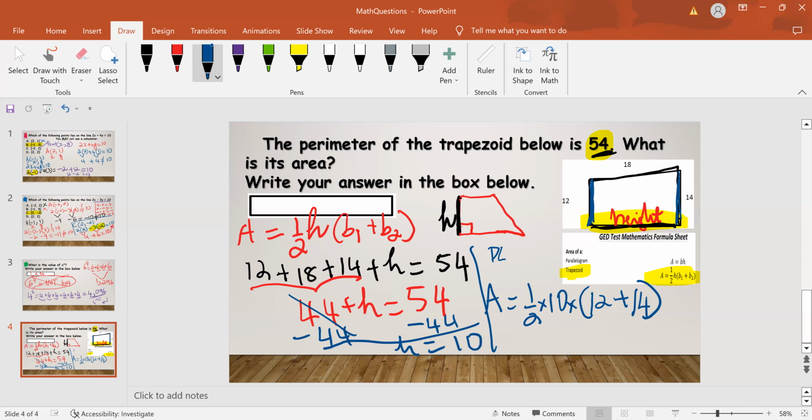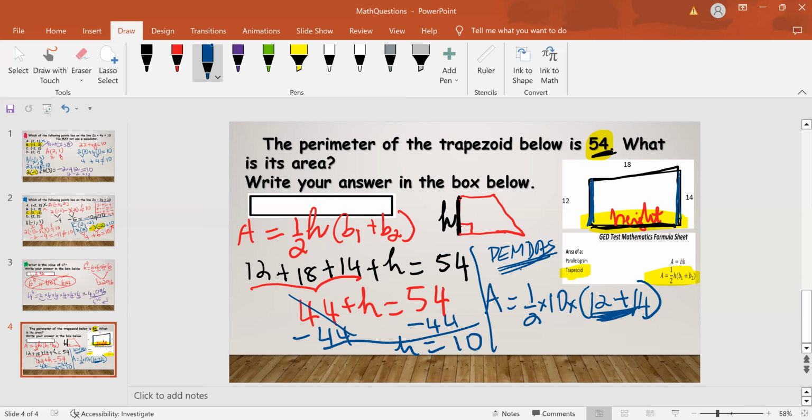PEMDAS, order of operations. We can see this in another video. Based on PEMDAS, we need to compute what we have inside the parentheses, or you can plug everything into the calculator at once. But if you want to go step by step, 12 plus 14 gives you 26.